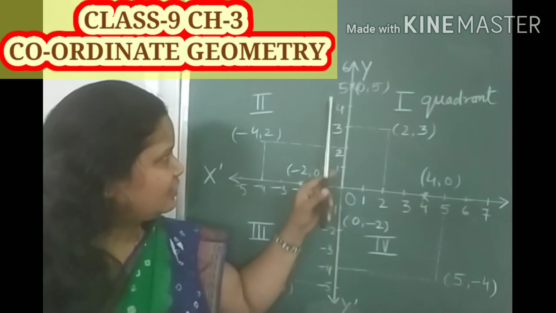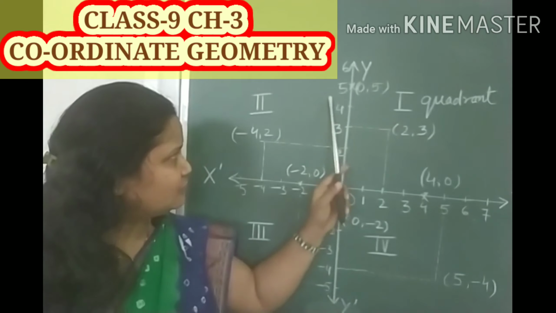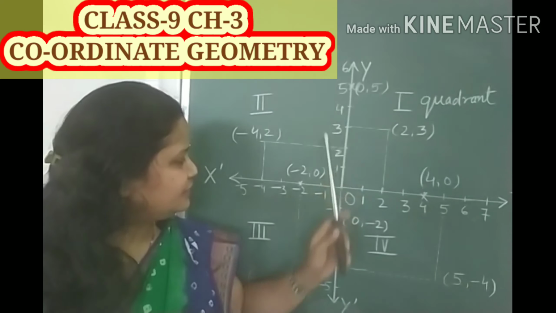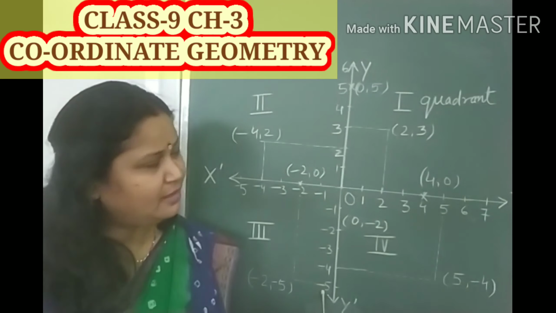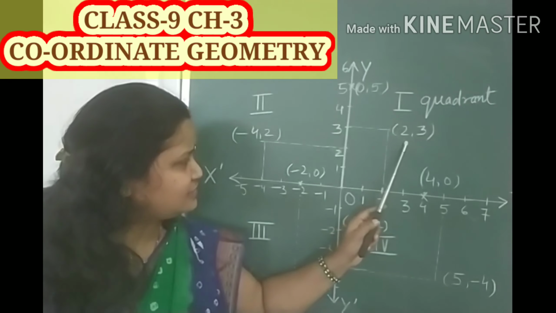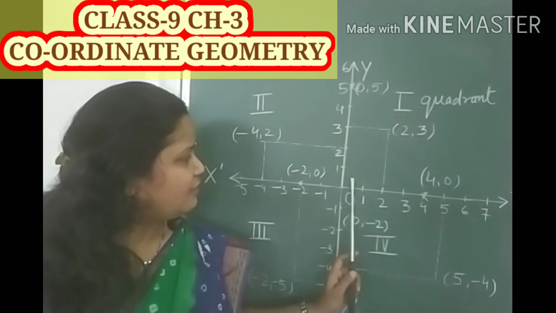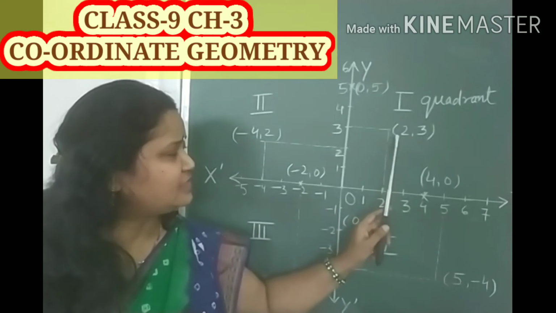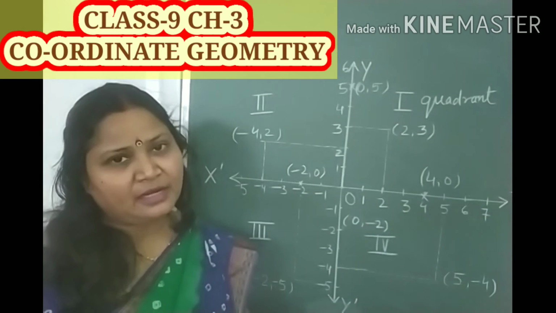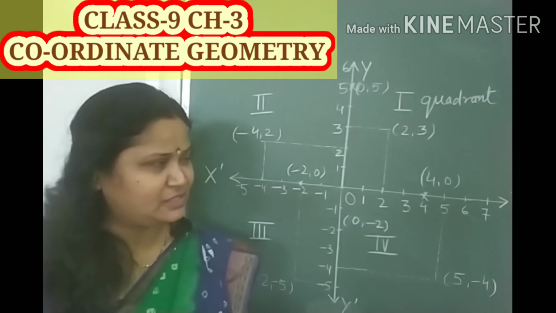In the same way, on the vertical number line, if you move above 0, all the numbers are positive, and if you move below 0, all the numbers are negative. So in the first quadrant, every point has both x coordinate and y coordinate positive.